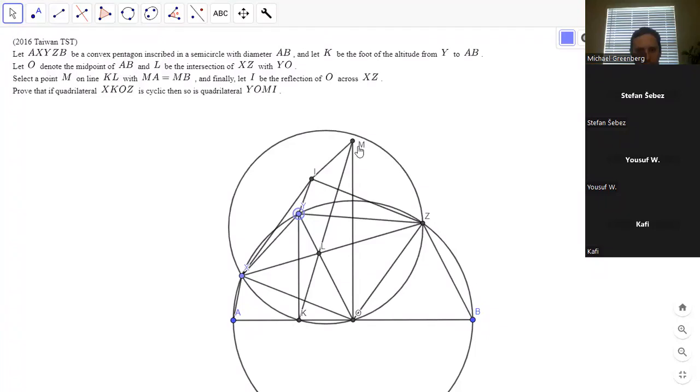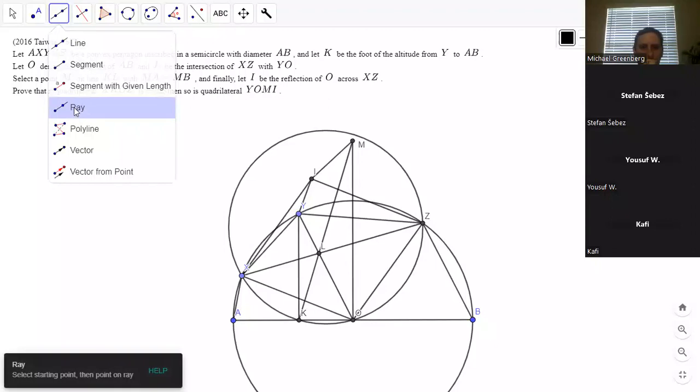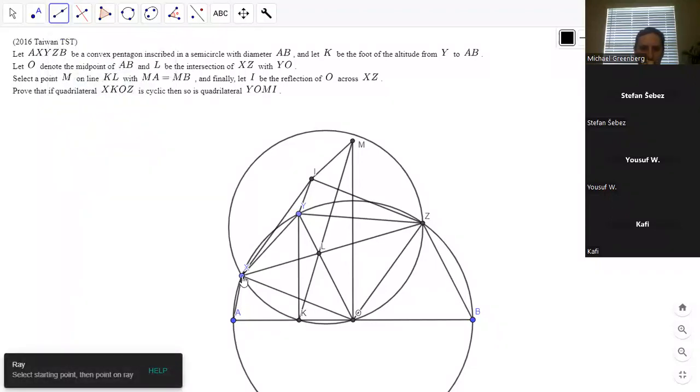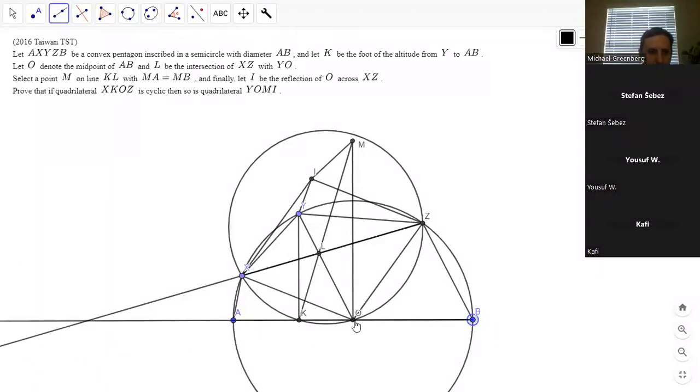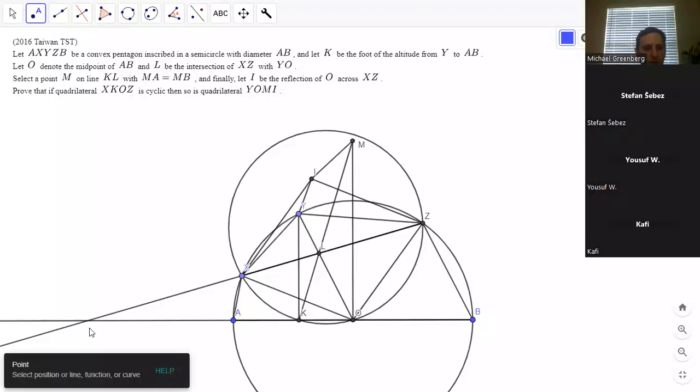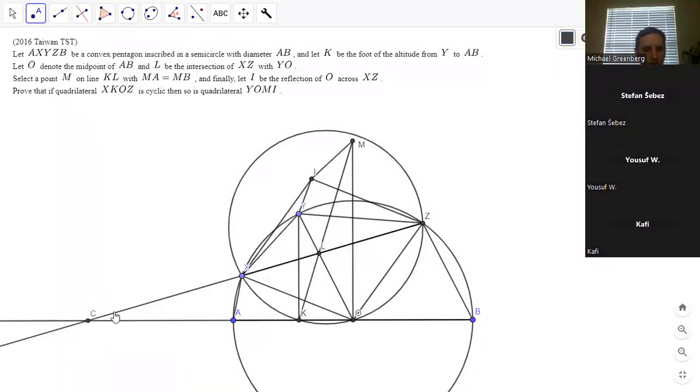If you intersect XZ and AB, then you would get a harmonic bundle. Yeah. That is something we can prove. So yeah, A, B, C, and K, they are harmonic.